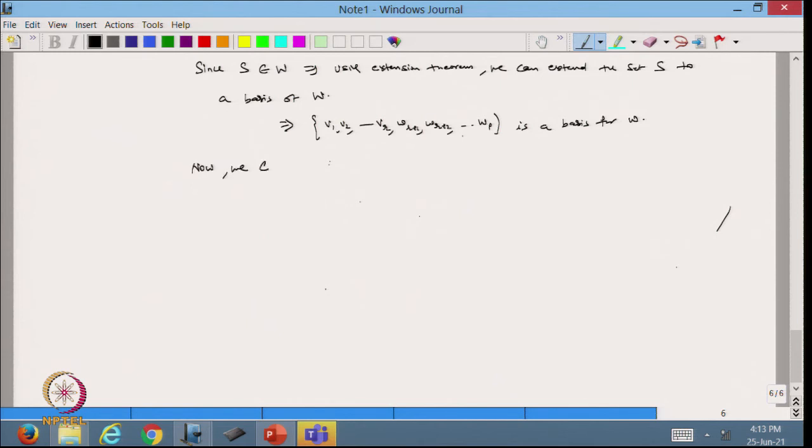Now we construct a set. Suppose I write A, and that set contains the elements V1, V2, up to VR, UR plus 1, UR plus 2 up to UM, and WR plus 1, WR plus 2 up to WP.